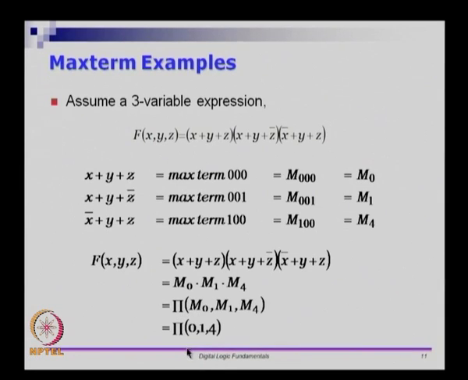So we can drop the capital M and write it as 0, 1, 4. So it is wrong to write pi of small case m0 and things like that. So we always associate pi with max terms and we associate sigma with min terms. So whenever we write something like 0, 1, 4 here, it assumes that we already have an implied capital M, max terms which are being multiplied with each other.